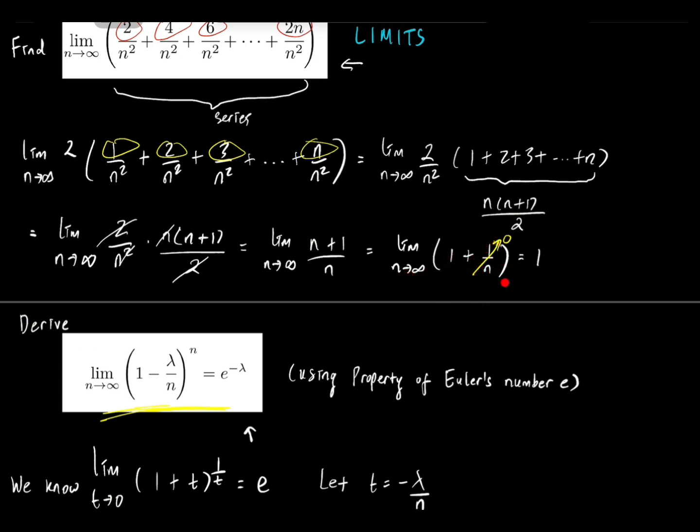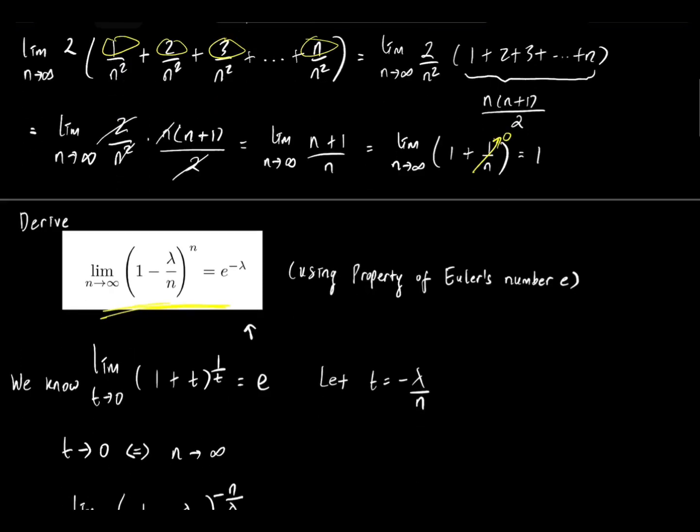As n tends to infinity, 1 over n tends to 0, right? Any constant over something that tends to infinity tends to 0, because infinity is so big that the number gets so small that it tends to 0. Now what's left here is 1 plus 0, which is just 1. So that's our answer for the first one.